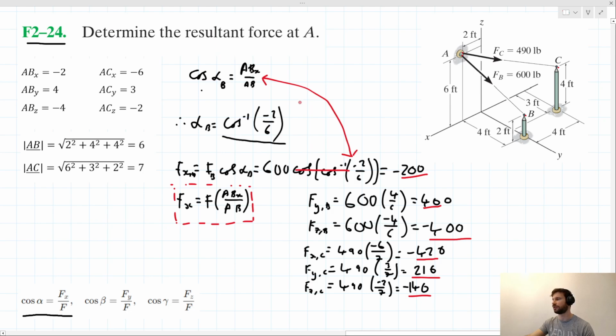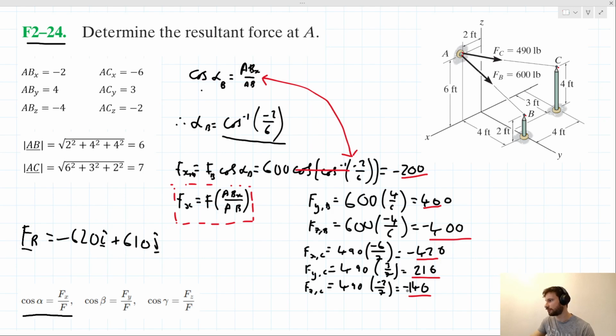So, determine the resultant force at A. Let's write it out in Cartesian form. So we could say the resultant force here, let's call it FR, is going to be equal to its x component, or its i component, is going to be minus 200 plus minus 420, so that's going to be minus 620 i, its j component, 400 plus 210, it's going to be 610 j.